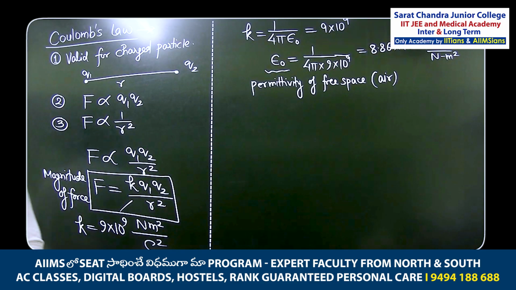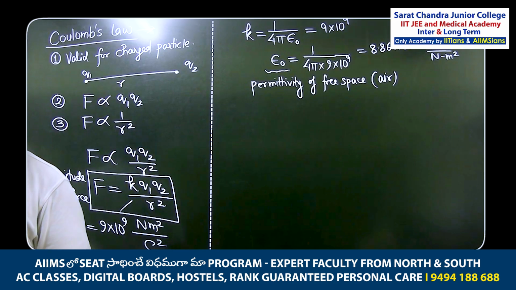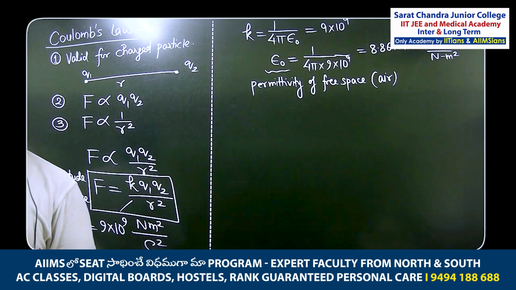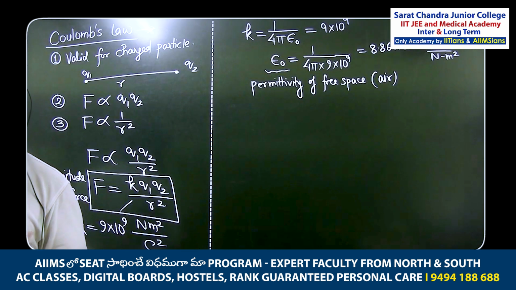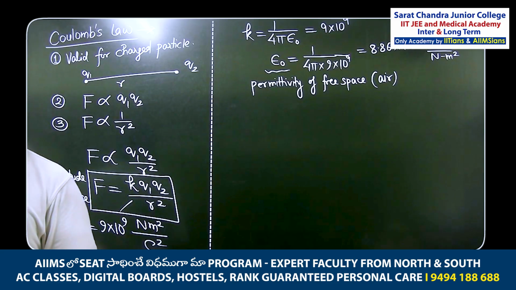Suppose you have two balls, one of iron, one of plastic. Which is heavy? Iron. How do you decide? You will say, sir, iron has more density, so for the same volume it has more mass. Yes or no? That means density is the criterion telling you the specific property of that material.